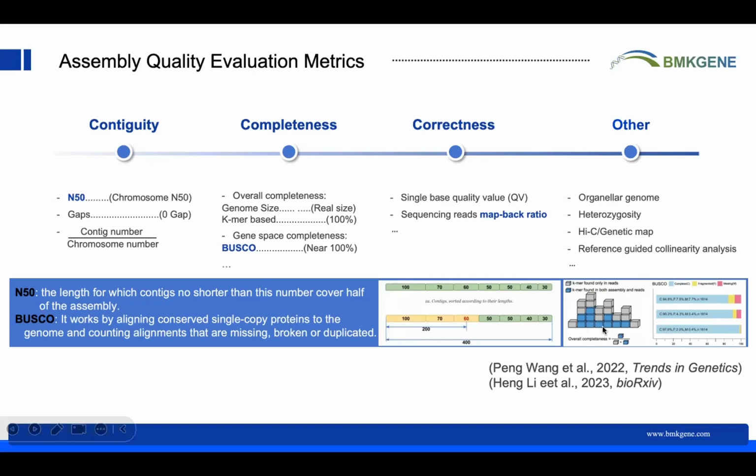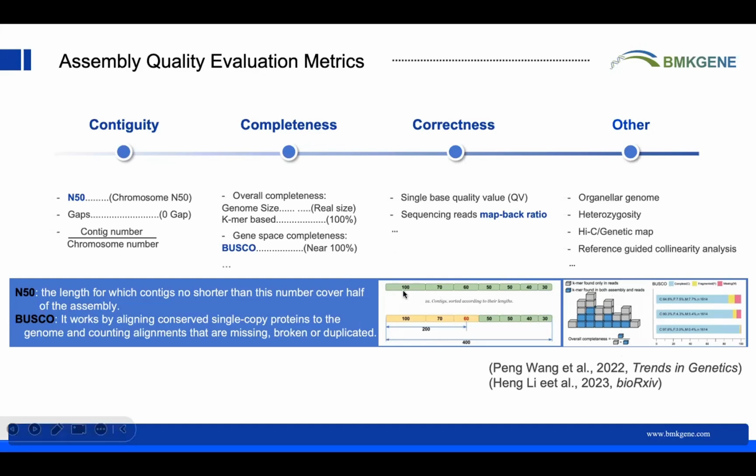After assembly, we can do k-mer analysis on both the assembly results and the sequencing reads. We count the k-mers found only in reads and the k-mers found in both assembly and reads. Then we use these ratios as indicators to show the quality of the assembly.